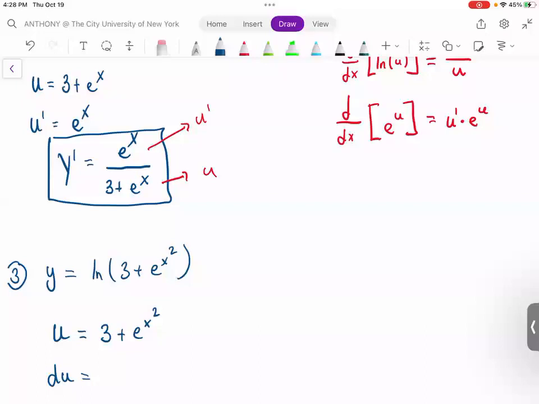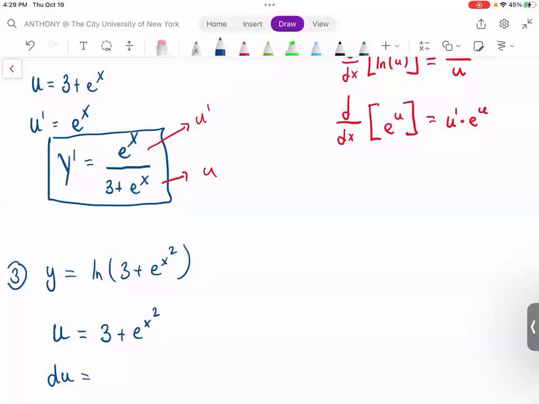So since we no longer have just an x as an exponent, the derivative is not going to be e to the x. To get the derivative of e to the x squared, you apply your chain rule. And one thing about chain rules is that you can apply a chain rule within a chain rule.